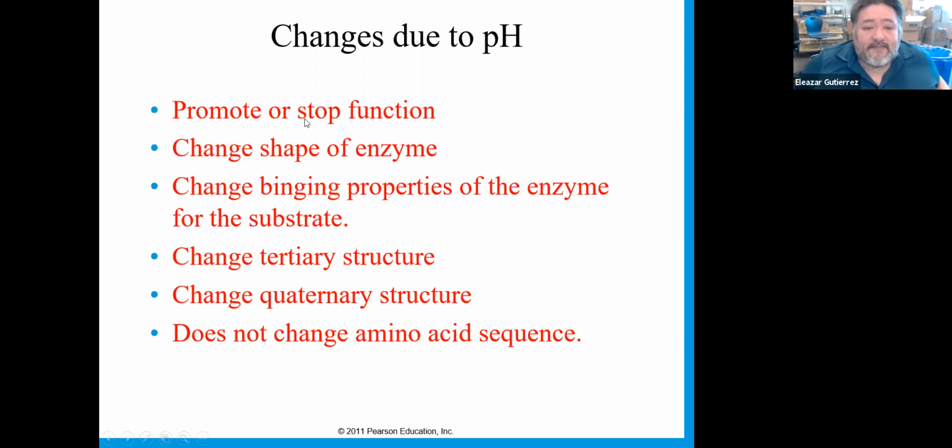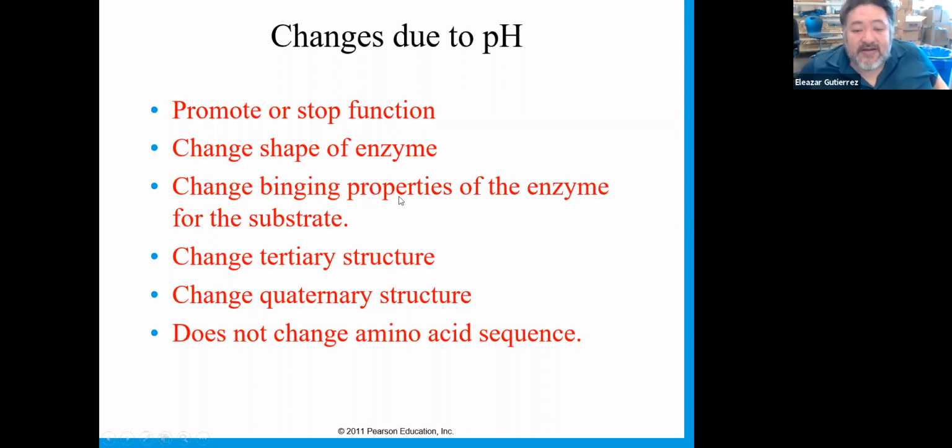So a change in pH can stop the function of an enzyme if it's not supposed to be functioning in that environment, or it can promote the function of an enzyme. It can change the shape of the enzyme. In fact, that's usually the way it does it, by cleaving, okay?